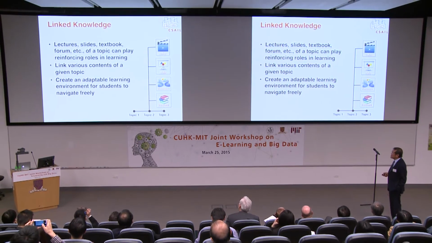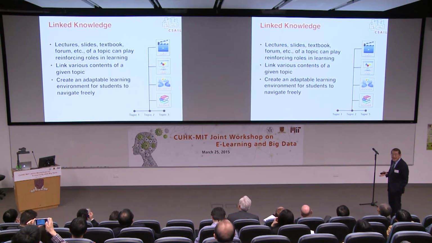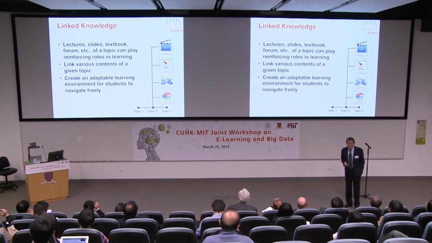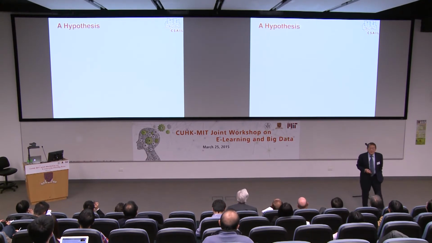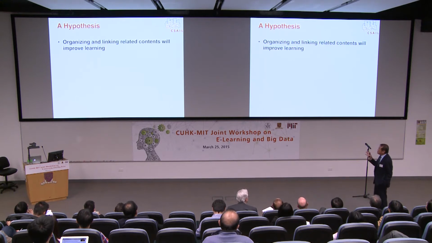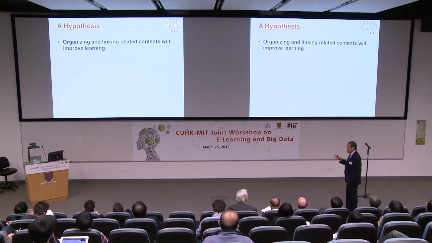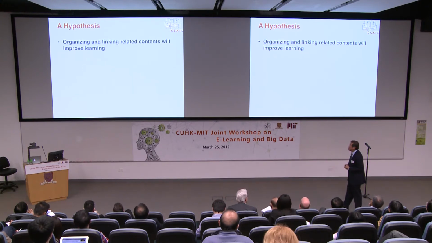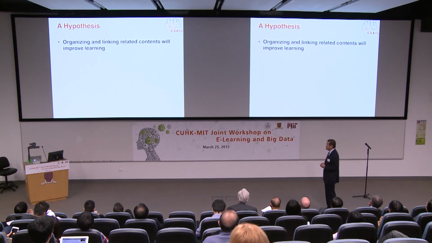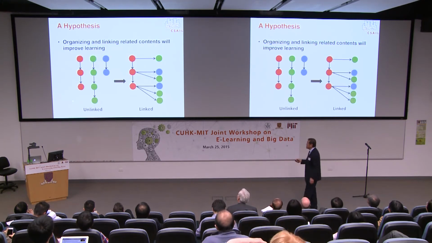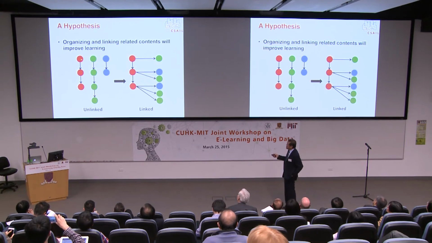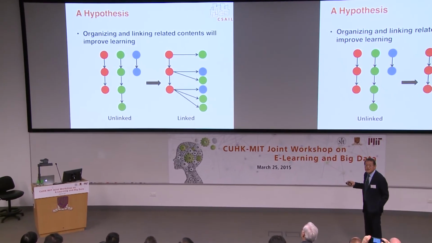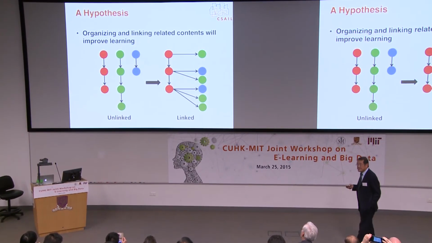So what we want to do is to link those things together and create sort of an adaptive learning environment for students to navigate freely. So our hypothesis is the following, okay? If you can organize the courseware in a way that is easy for people to navigate and look for things, then perhaps it's going to improve learning. So today, the way we do it, the unlinked way, for example, the red one might be the video of the lectures, this one might be the problem set, still other ones may be the textbook.